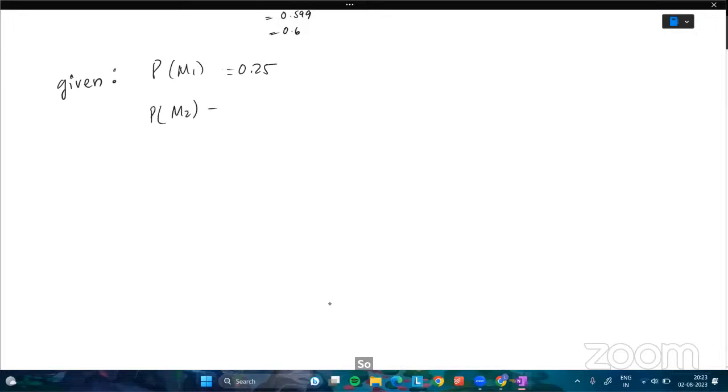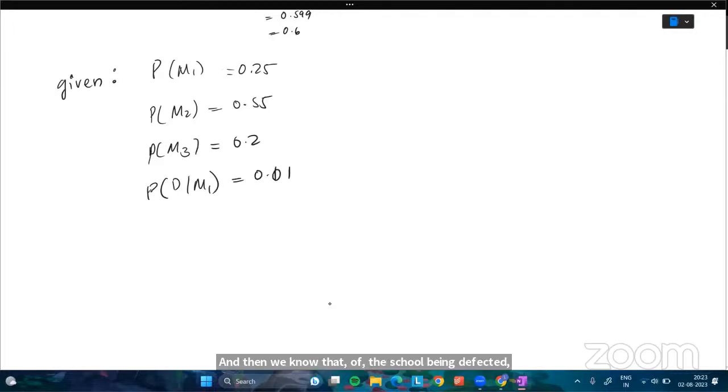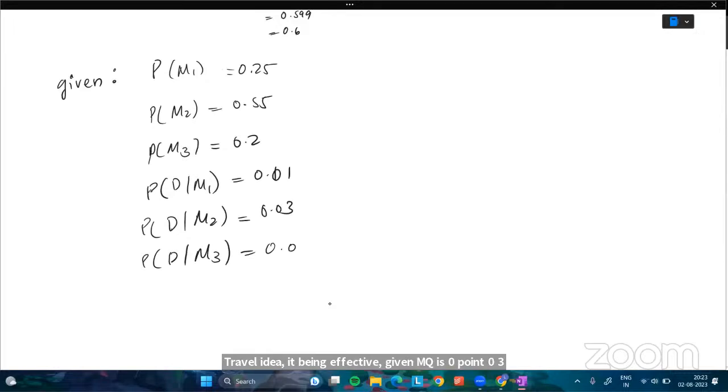Probability of M2 is 0.55. And probability of M3 is 0.2. And then we know that the probability of the screw being defective given M1 is 1%. Probability of it being defective given M2 is 0.03. And probability of it being defective given M3 is 0.02.